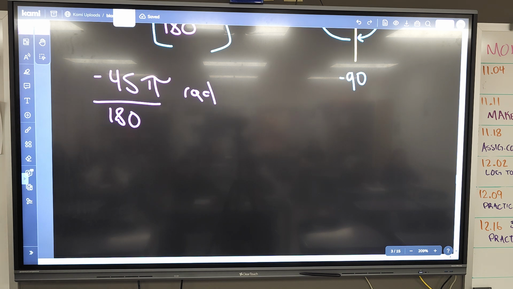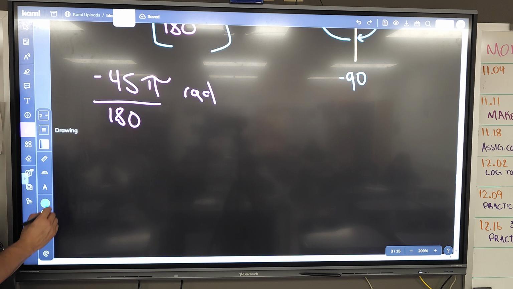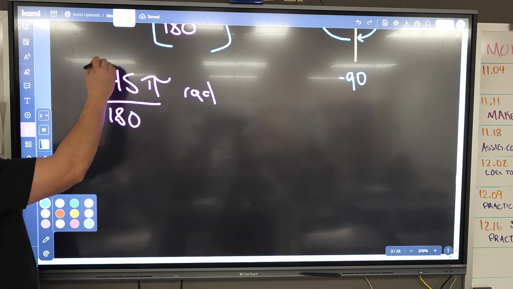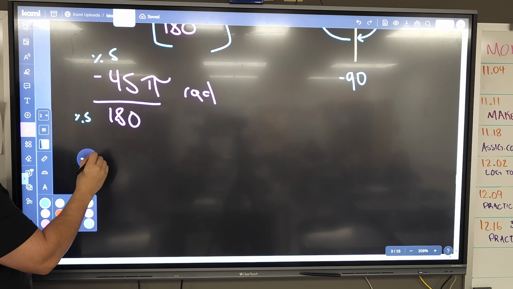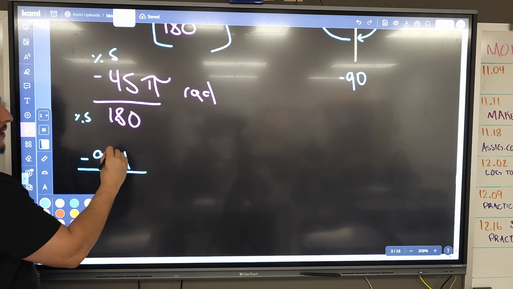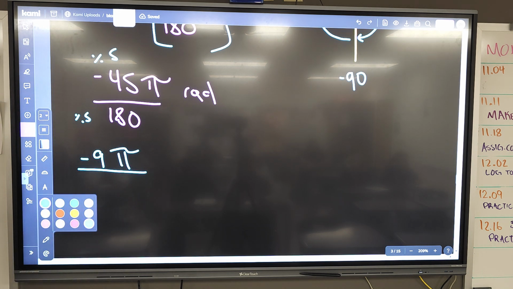What's the first shrink that you made? What goes into 45 and 180? 5, okay, let's start with 5. If I divide by 5, that would be negative 9. And how many times does 5 go into 180? 36.